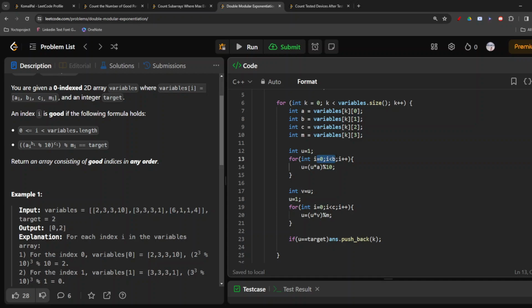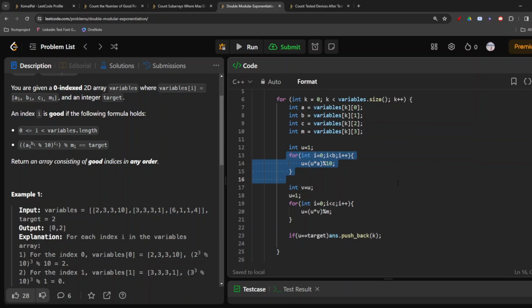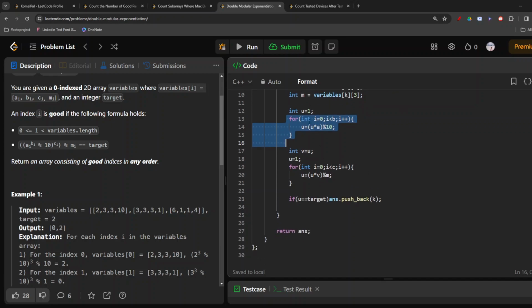We multiply that and do modulo by 10 side by side, because we are required to do modulo by 10 as well. Then whatever value we got from u, we give that to a new variable v. The reason is the same as it was earlier, and now we make u 1 again.